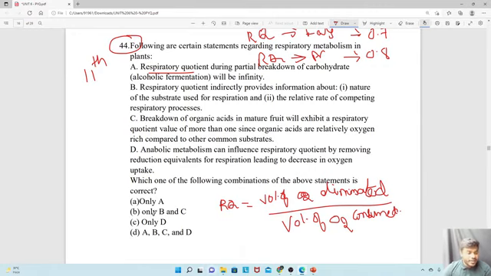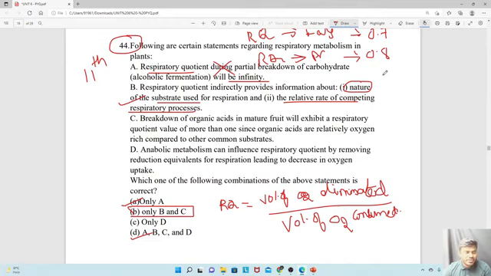Very good, very good. The answer will be B. Fantastic. See, respiratory coefficient for partial carbohydrate breakdown cannot be infinity. So you can eliminate option A also, you can eliminate option D also. Respiratory coefficient indirectly provides information about the nature of the substrate and the relative rate of competing respiratory processes. B is right.